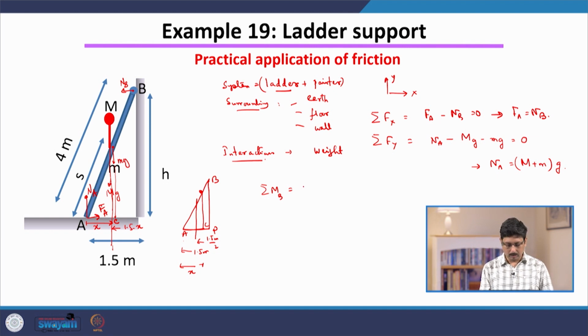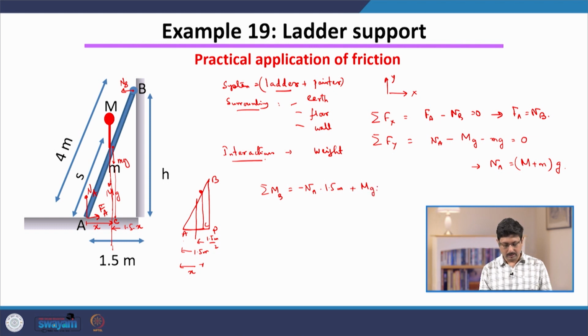So, the torque due to N A is N A times 1.5 meter. Now, this is in a clockwise direction, let us call that negative. The torque due to the weight of the painter is in the opposite direction.